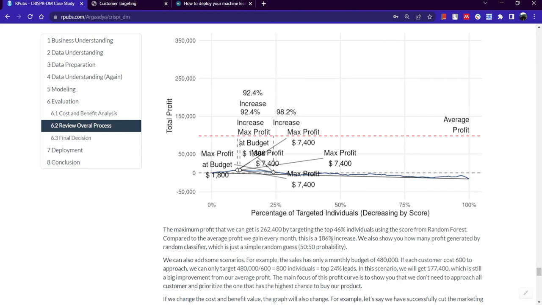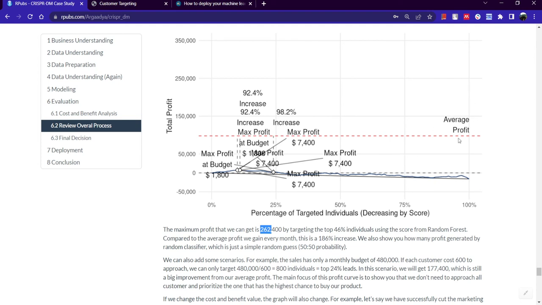Now, if the company considers 64% of those individuals, the company will make 262,000. Okay, which is way more than the 100,000 the company already makes. And that means actually it has an increase of 186 from the current average profit, right?